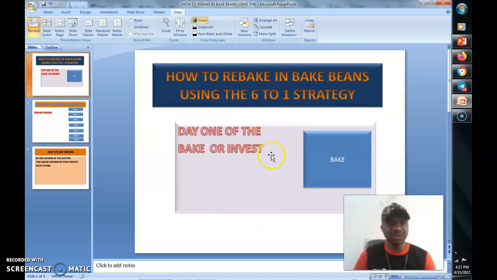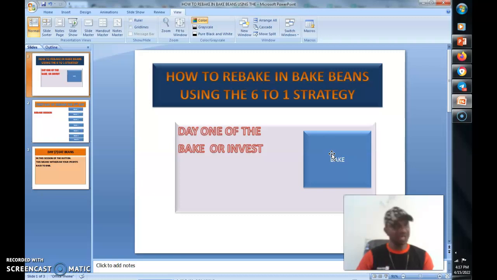The first thing we do here is, on day one of the investment, we bake. Bake means you are investing your money into the smart contract. After 24 hours of your investment, we now go into what we call rebake.